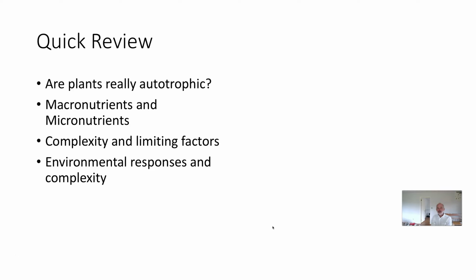Complexity and limiting factors. I want you to think about a couple of things. The first is this reminder that the effect of limiting factors on plant growth is not linear. More is not better. There's a law of diminishing returns. This is because the individual processes within a plant mean that the limiting factor affects different processes, which affect growth as a whole.